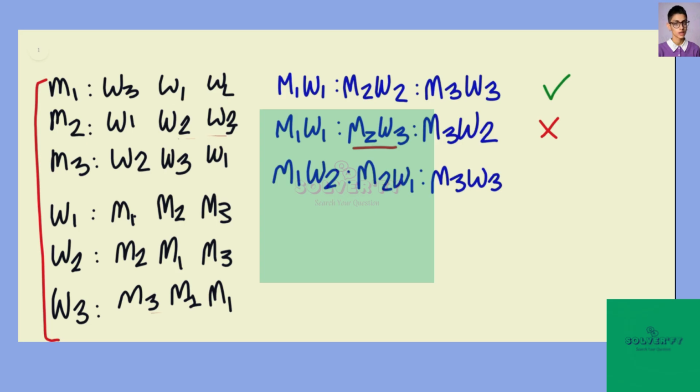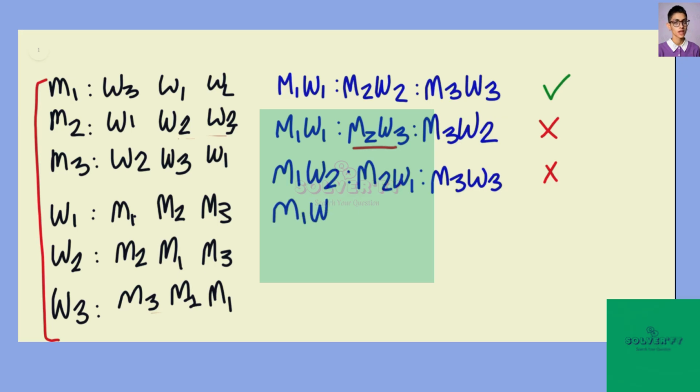Okay, and woman 2 prefers male 2 over male 1. So this is going to be unstable because that pair, both of them could improve their situation.